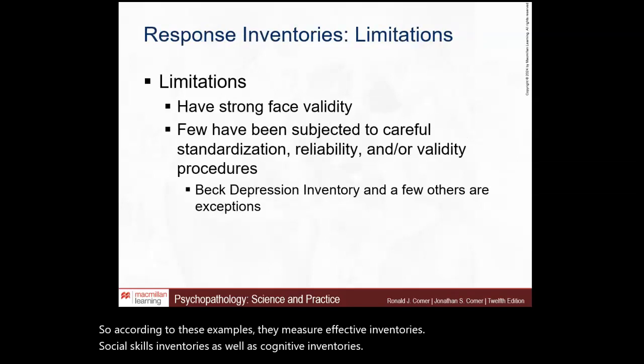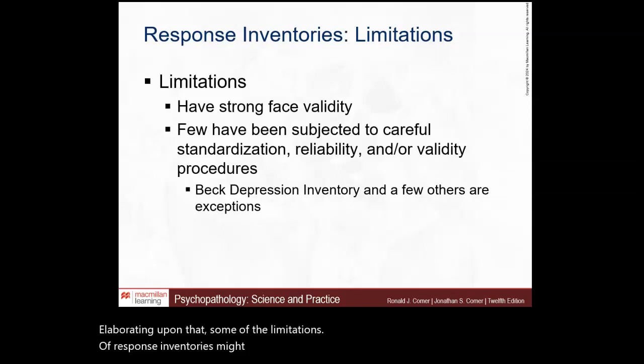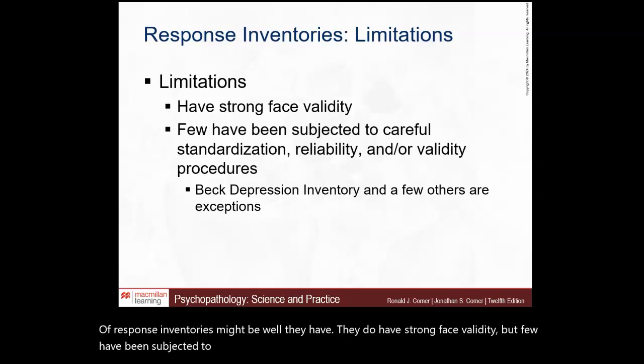Elaborating upon that, some of the limitations of response inventories might be, well, they do have strong face validity, but few have been subjected to careful standardization and reliability and/or validity procedures.